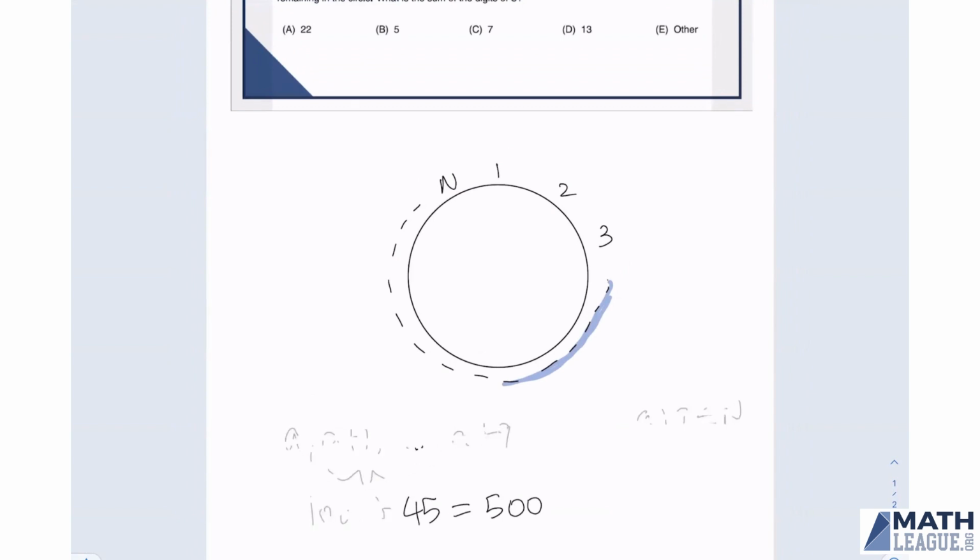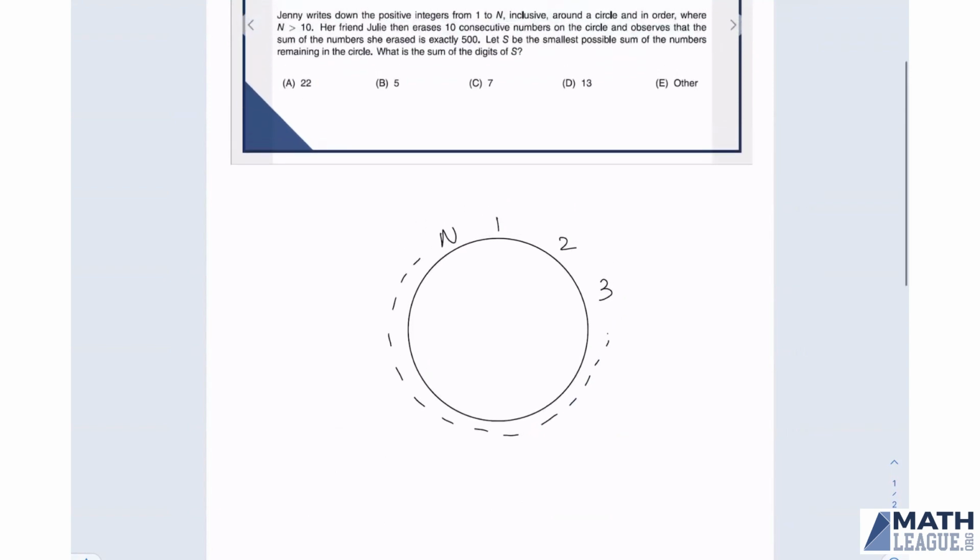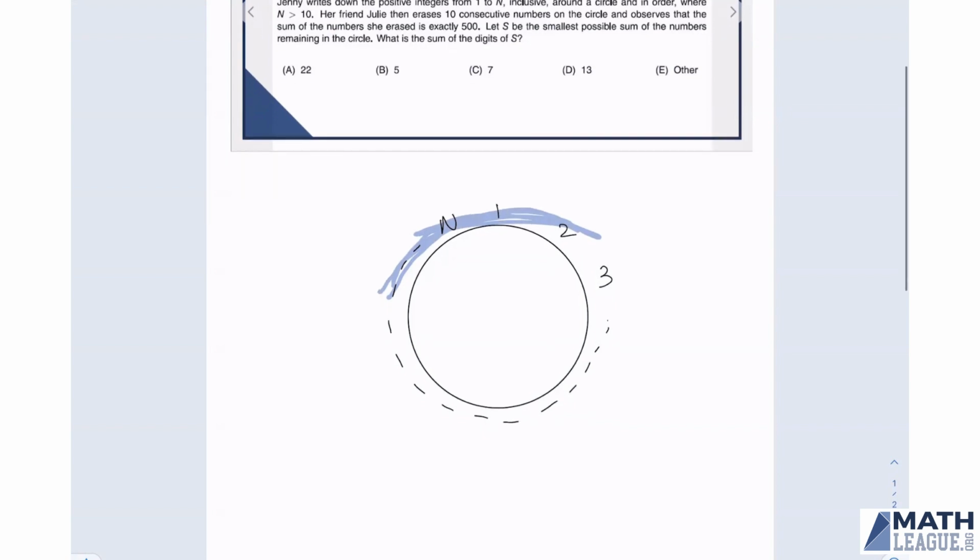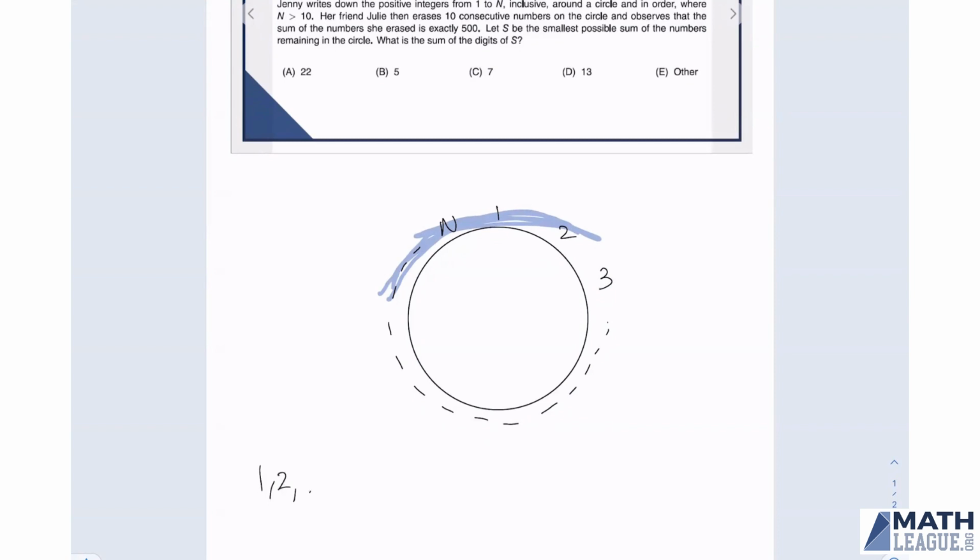And so it must follow then that the 10 consecutive numbers that Julie erases include both 1 and n. So it looks something like this. And so we can parameterize these 10 consecutive numbers by considering 1, 2, all the way up to a, where 1 is less than or equal to a, which is less than 10.